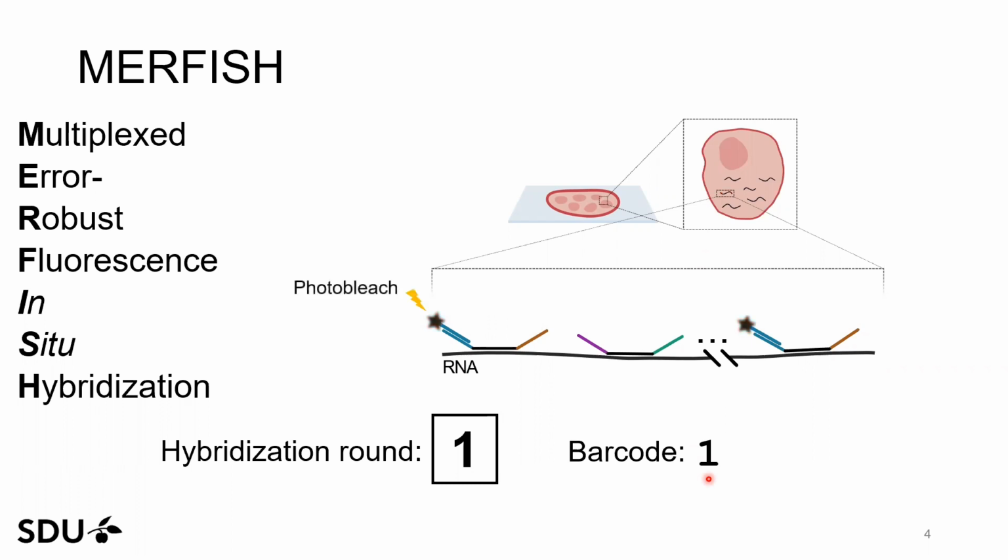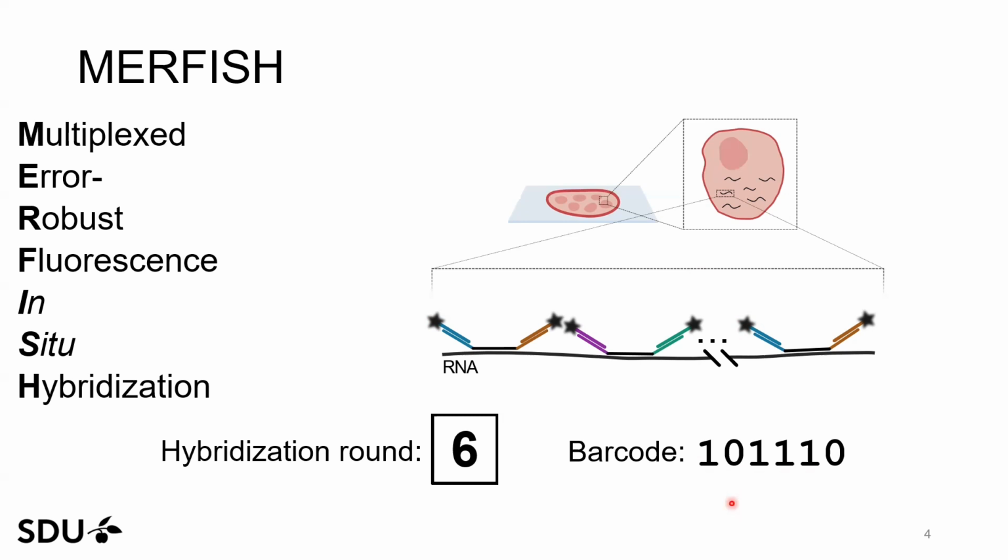And then to remove the signal, we can photobleach it, or we can chemically remove the fluorophore, and we can carry on with the next round of labeling. In this case, this particular RNA wasn't labeled, so this corresponds to a 0 in the barcode. And also, for example, you can see here we targeted some other RNA species, and then we can just carry on with the experiment, do all of our labeling of the RNAs of interest, and we end up with this final barcode for this particular RNA spot here.